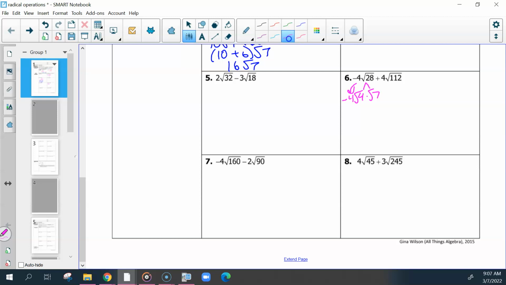And the square root of 4 is 2. We have 2 and 4 and 7. And then the highest perfect square we can divide out of 112. You may have to do some work on that one.